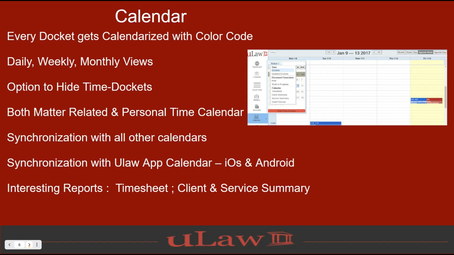So, as I mentioned before, both matter-related and personal time calendaring can very much be made available within the uLaw platform. And one step ahead, if you do have the uLaw app, which is available on iOS and Android, you can synchronize the uLaw calendar with the uLaw app, which then allows you to synchronize it with your individual device, whether it's iOS or Android. Okay?